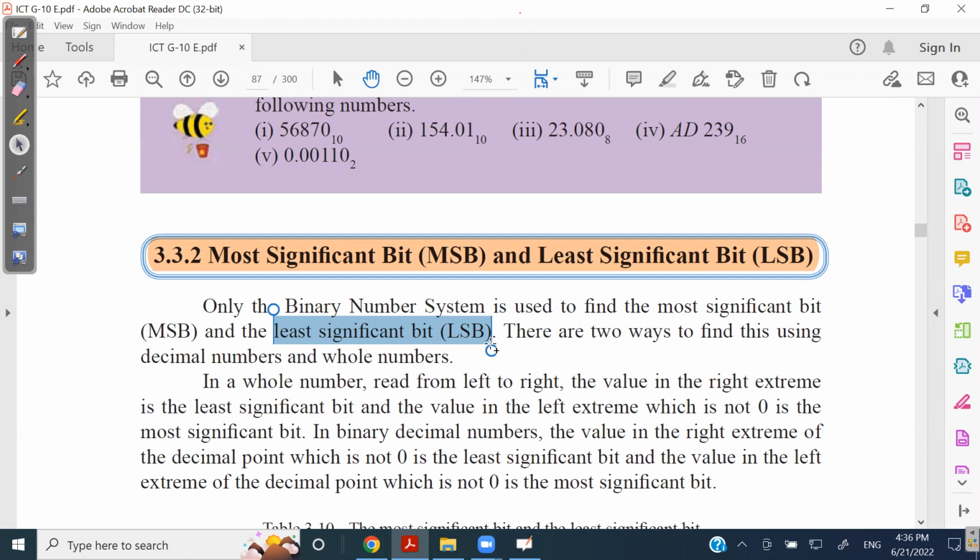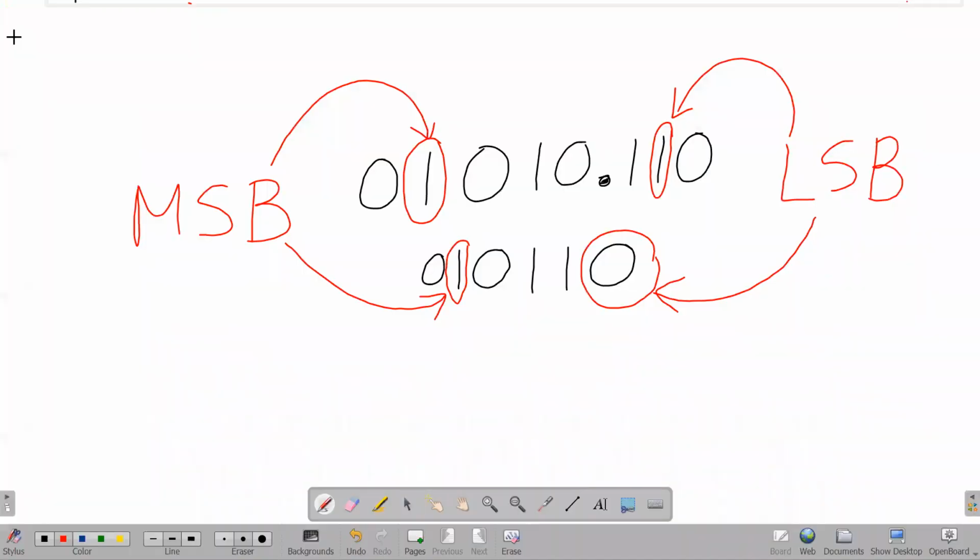Okay. Right. Then after, you can write this as the examples.